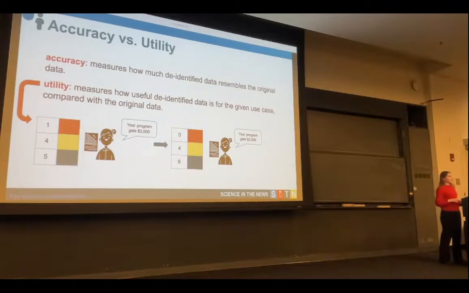So evaluating, for example, if we have a person who is attempting to make funding decisions based upon this data. If the original data led to $3,000 of funding and the output data leads to $2,500 of funding, we can think about that as having a negative impact on utility. Utility was negatively impacted by that change in the data.